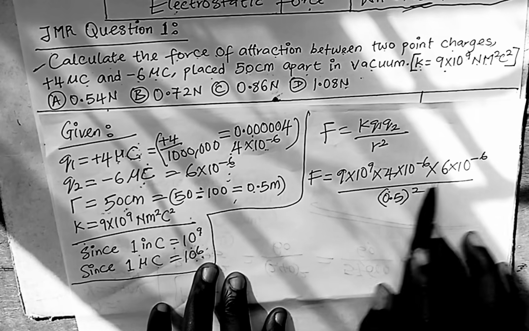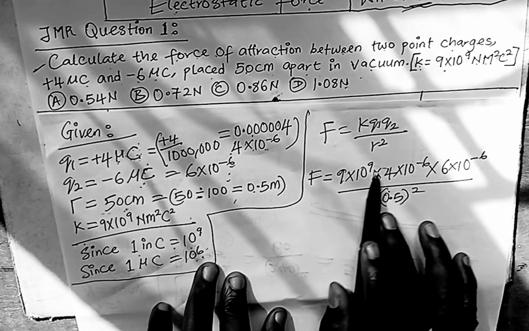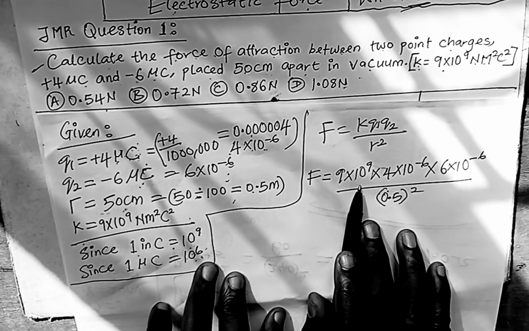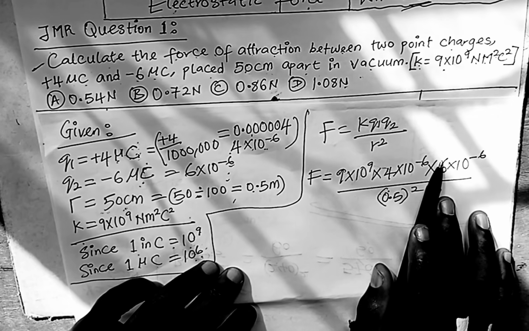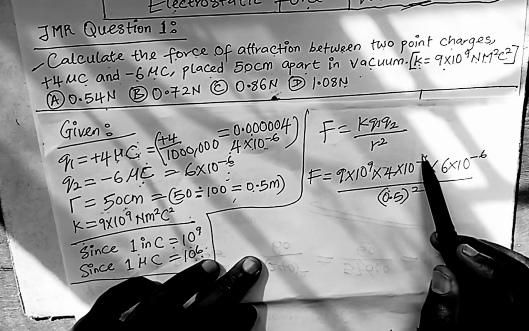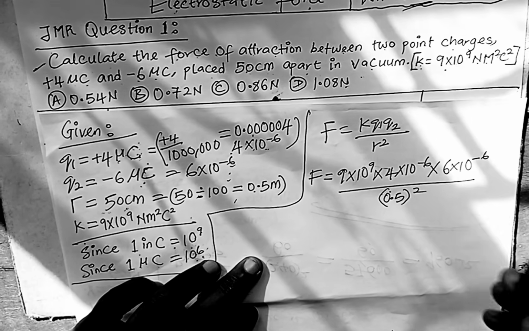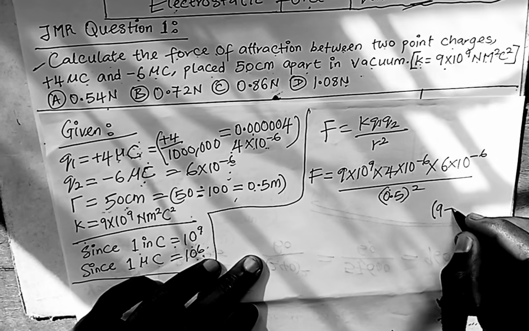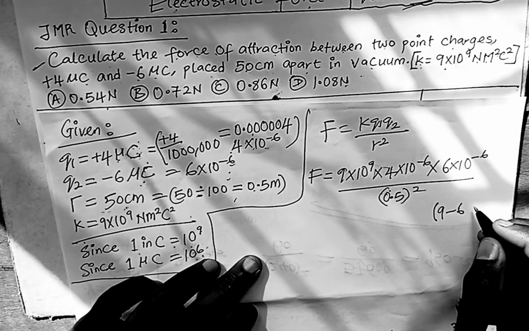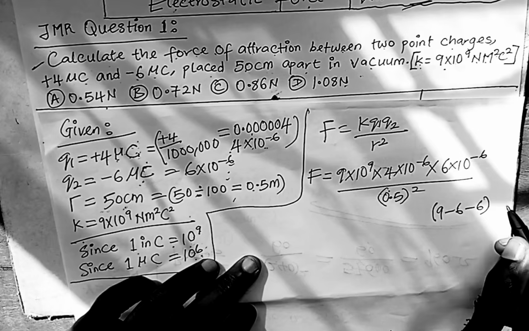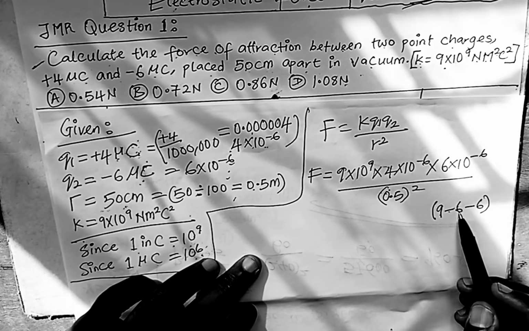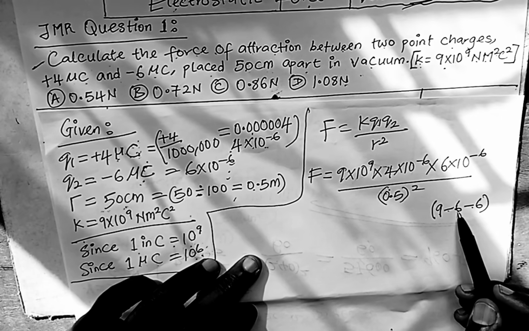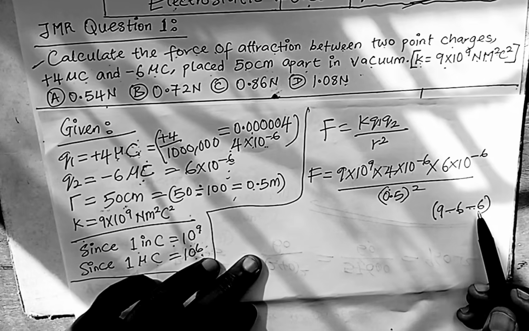Because this thing is too big, let us simplify the numerator first. Let us first solve the raising power. 9 minus 6 minus 6.